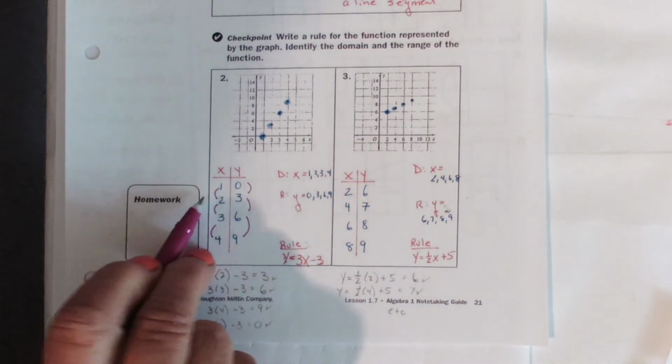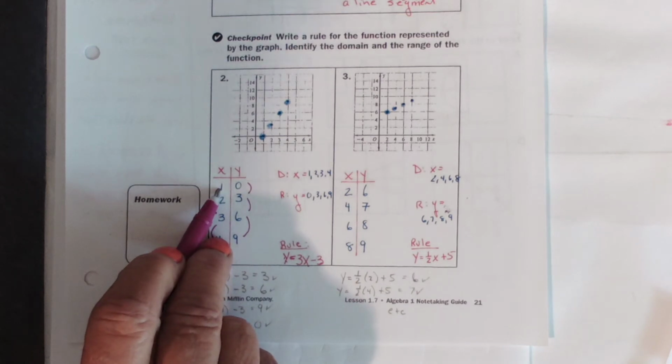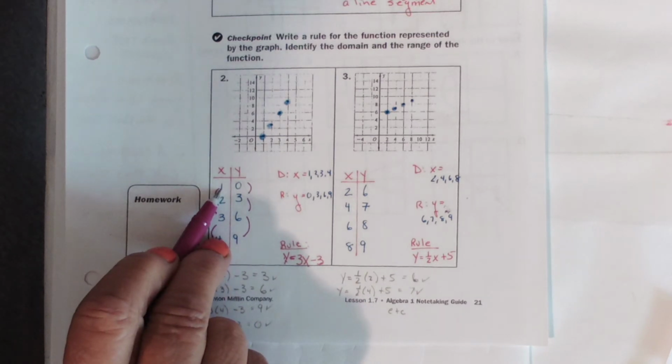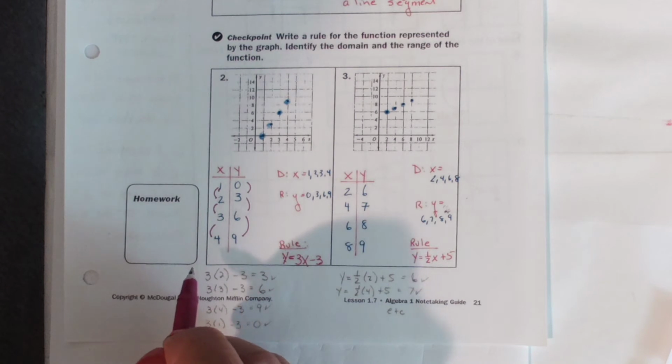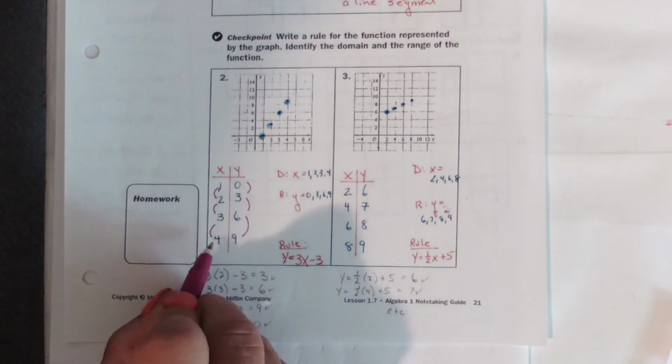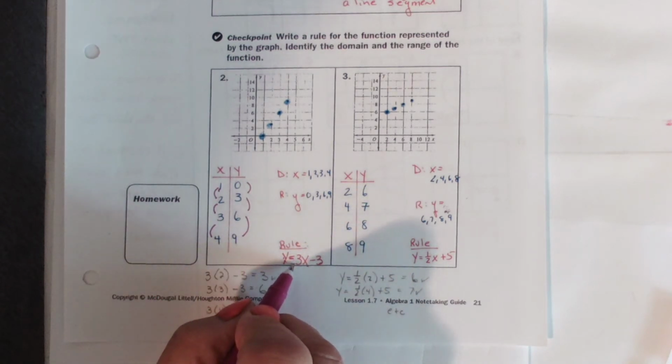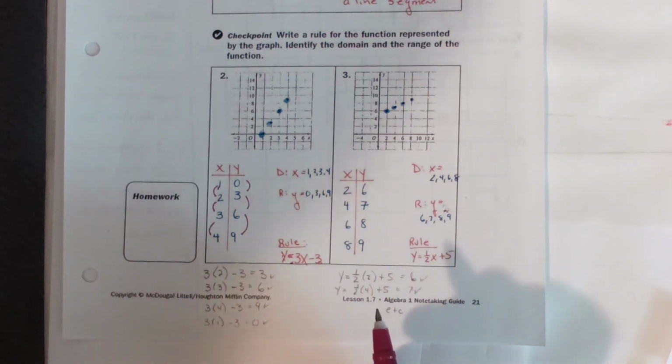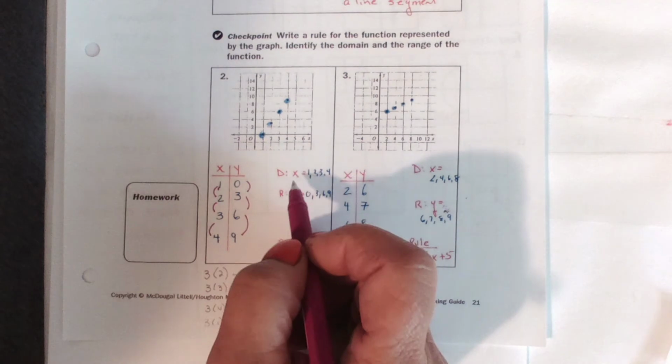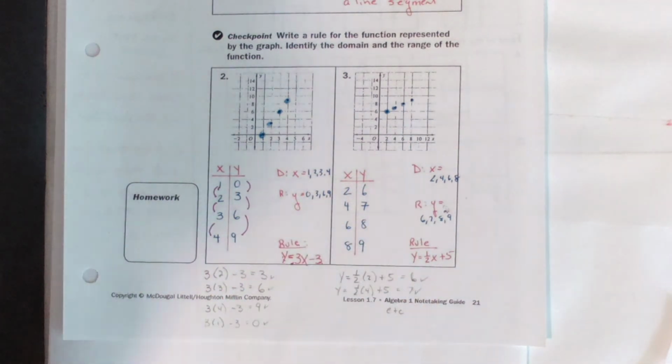Because if I multiply this by 3, I'm going to get 3 minus 3 is 0. If I take 4 times 3, I'm going to get 12. Minus 3 gives me my 9. And then here is the domain and the range.